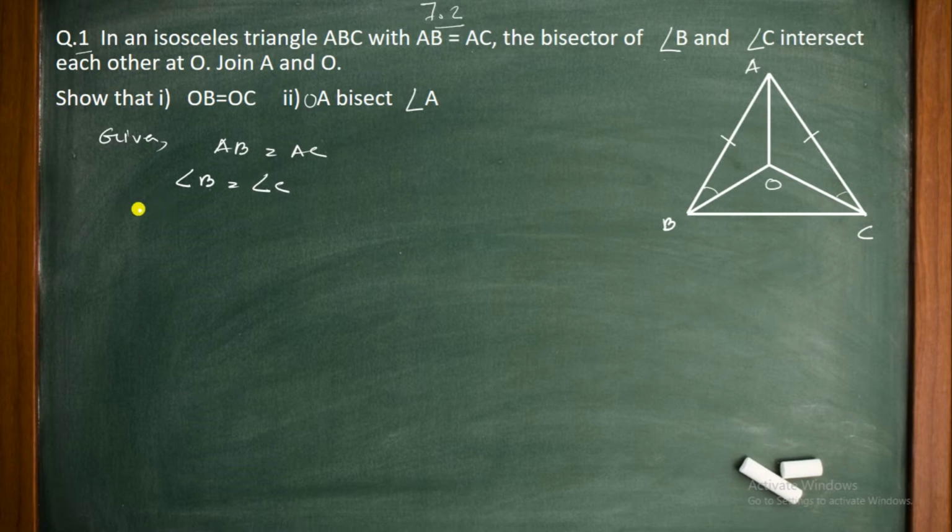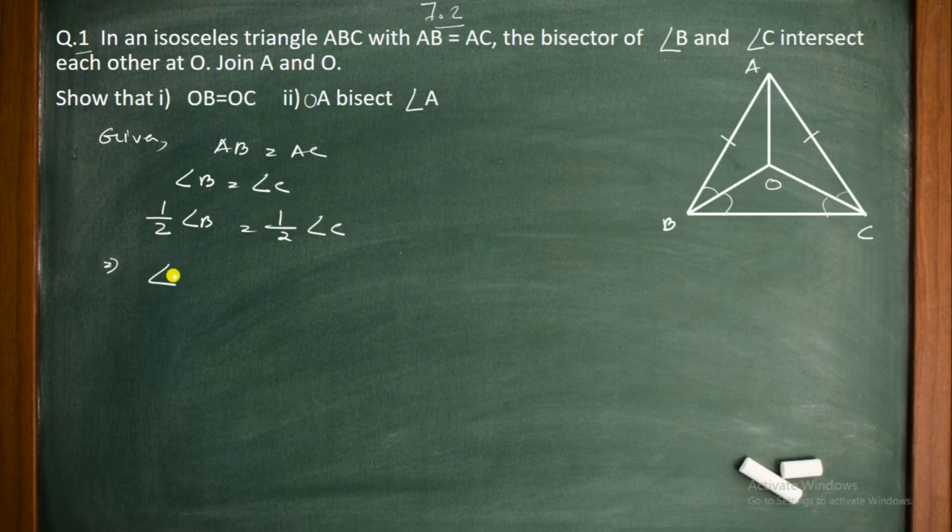What we can do? We can divide both angle B and angle C by 2. Then what we will get? We will get, because this angle and this angle are equal, as OB bisects angle B as well as OC bisects angle C, this angle and this angle also will be equal.